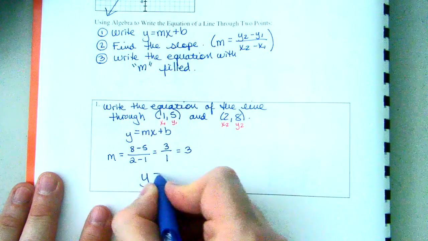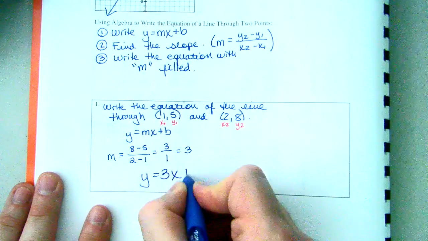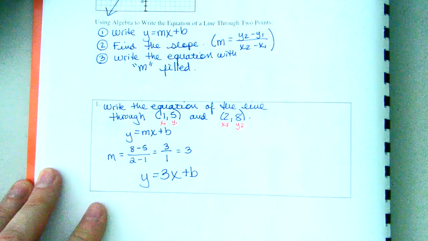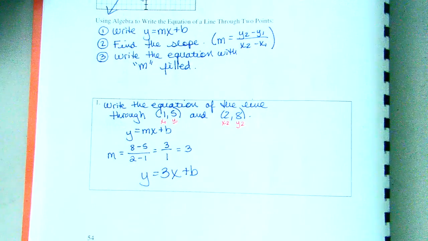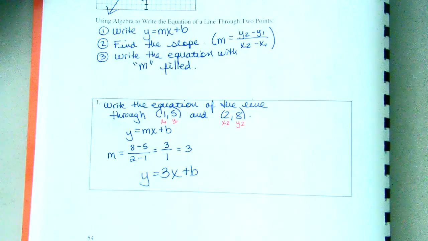My equation is going to be y equals 3x plus b. Which is kind of like how we started those equations 2 days ago, where I just told you the slope. Now I'm not telling it to you. You have to find it. We've got that.